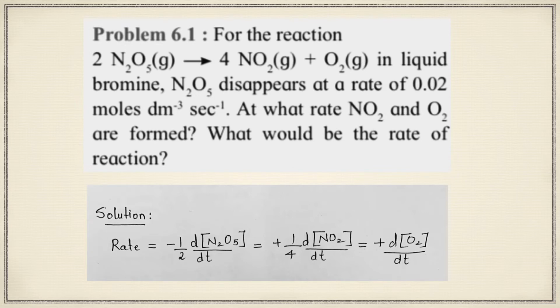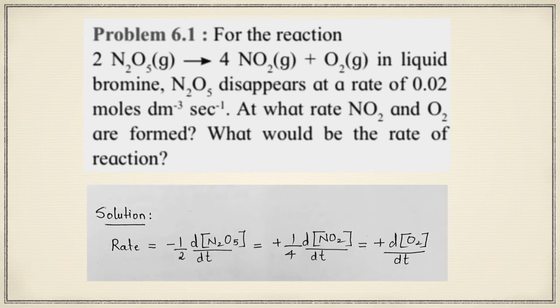Okay, so rate is equal to minus 1 upon 2 d by dt of concentration of N2O5, that is equal to plus 1 upon 4 d by dt of concentration of NO2, that is equal to plus d by dt of concentration of O2.